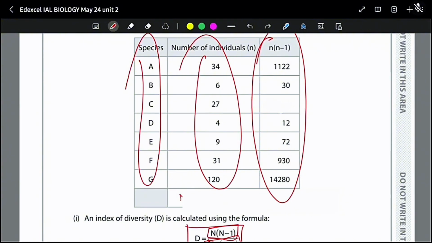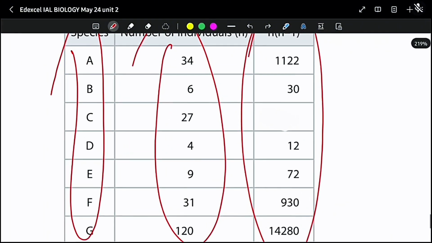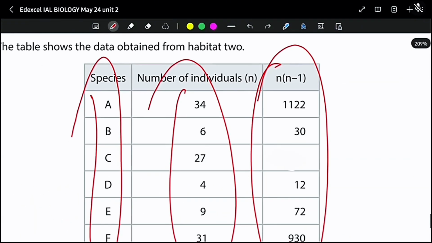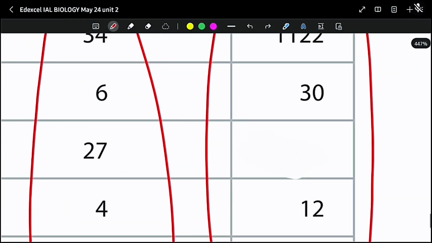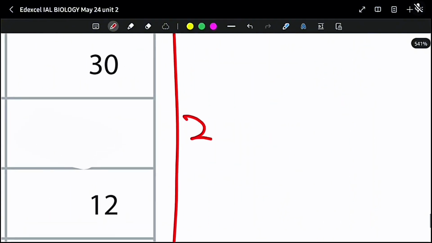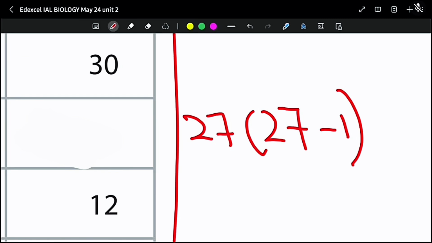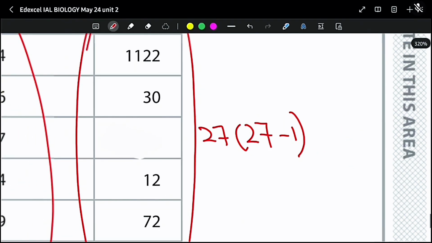So we can see that small n here is 27, so it should be 27, 27 minus 1. For the C's one here, this should be 27 and 27 minus 1, basically n minus 1. So this should give us 702.